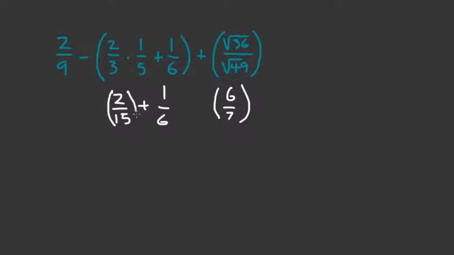So we're going to multiply this by 2 and this by 2, and we're going to multiply these by 5. And this we're just going to leave the way it is.